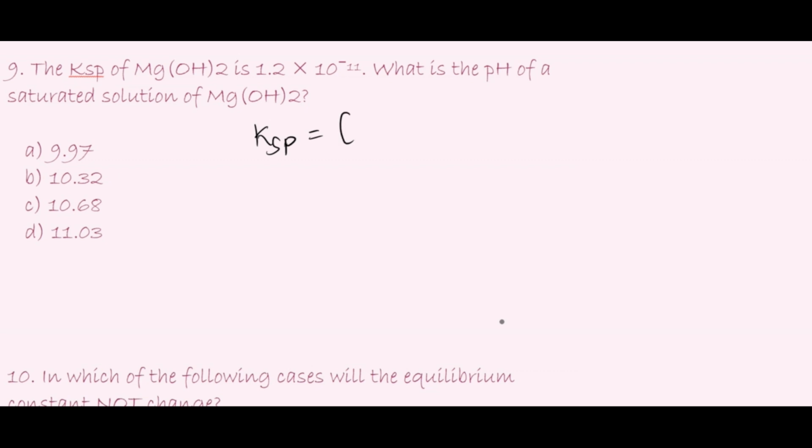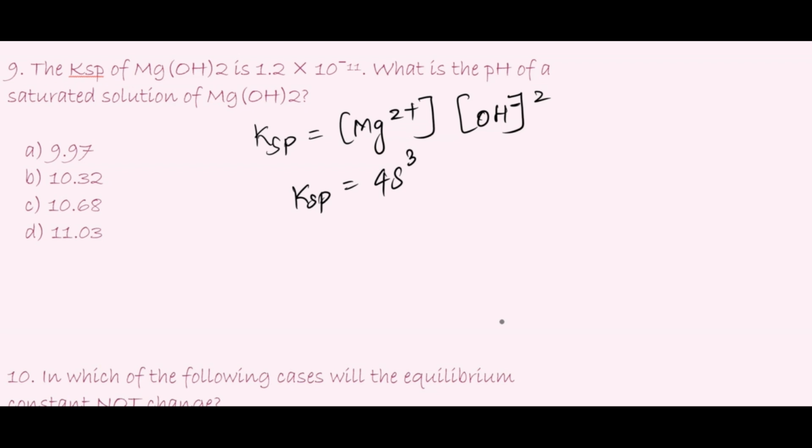For magnesium and OH minus, that is a 2:1 format, so KSP equals 4s cube.